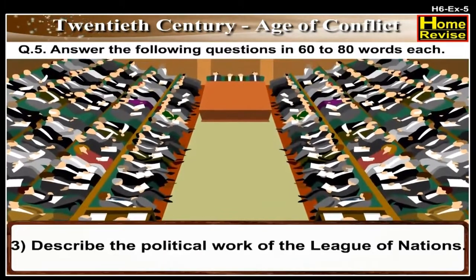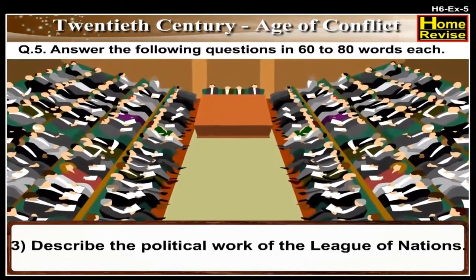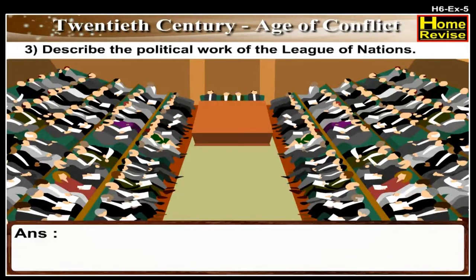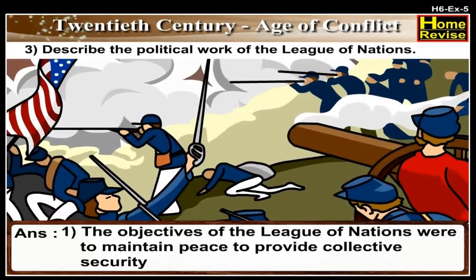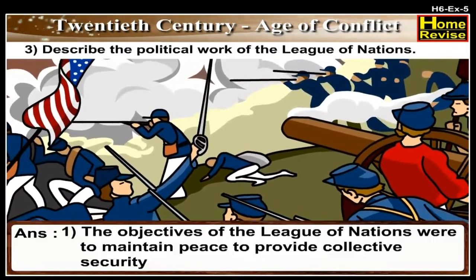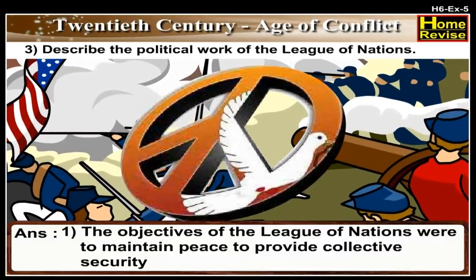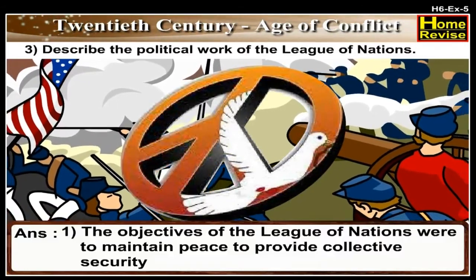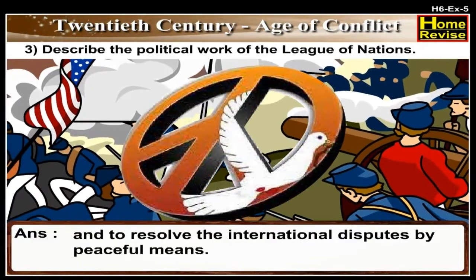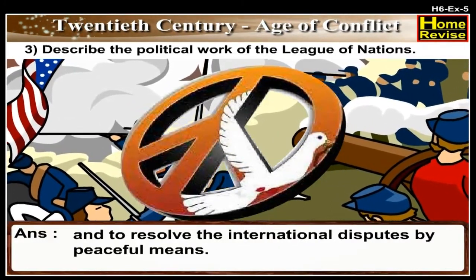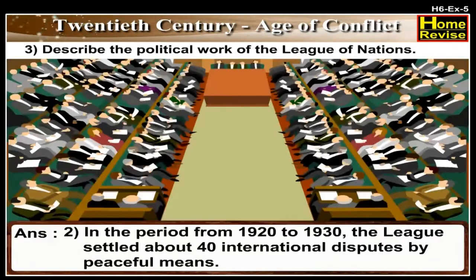Three. Describe the political works of the League of Nations. Answer. 1. The objectives of the League of Nations were to maintain peace, to provide collective security, and to resolve the international disputes by peaceful means. 2.